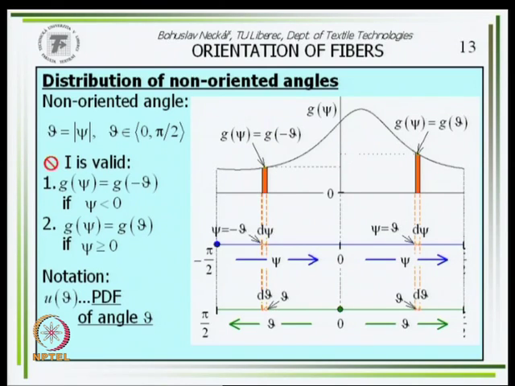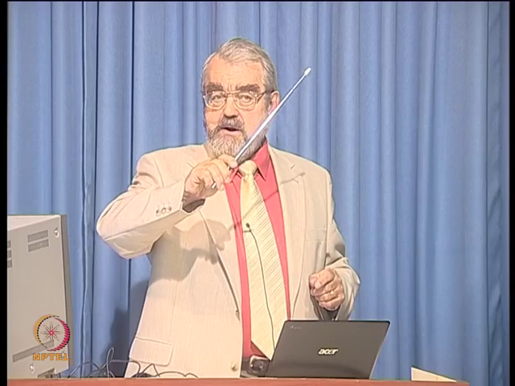Sometimes it's necessary to define the probability density function for a non-oriented angle. What I mean, let's imagine some fiber segment. Our angle psi is, from your side, plus 30 degree or minus 30 degree. There are two different angles psi, plus 30 degree, minus 30 degree, isn't it?